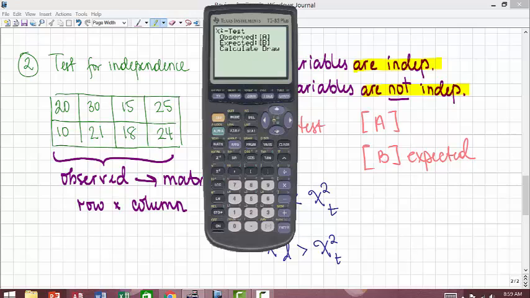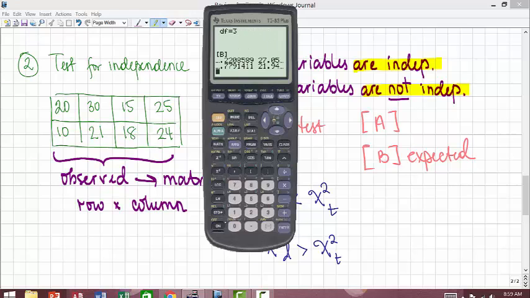The calculator will compute these values for you. So let's just go ahead and calculate it. Okay, and if you go back to your matrix and bring it out, you'll see that the computed values are already there for you. Now, technically, we should check that these expected values are all greater than or equal to 5, and they are, so we're good to go.